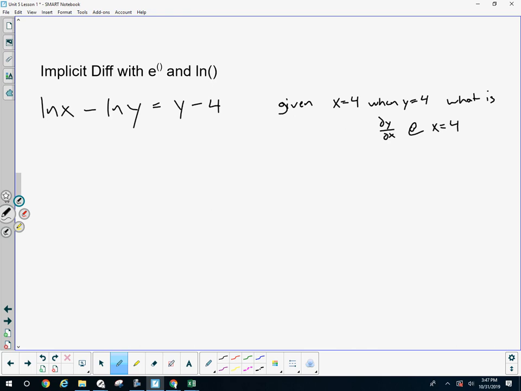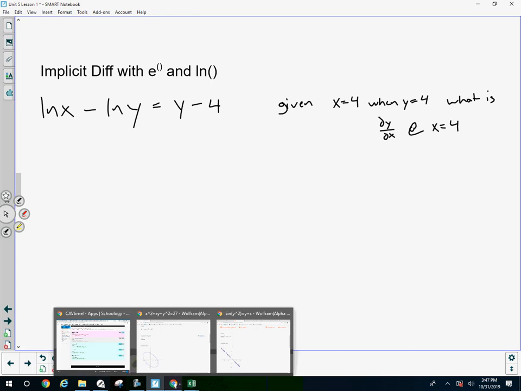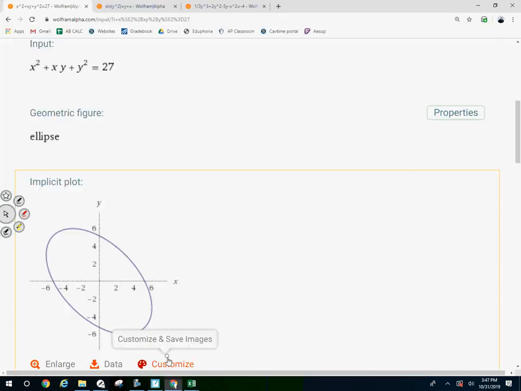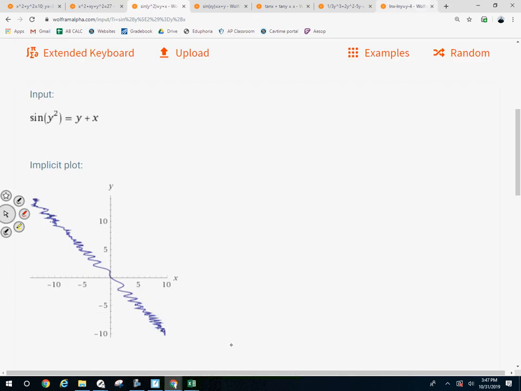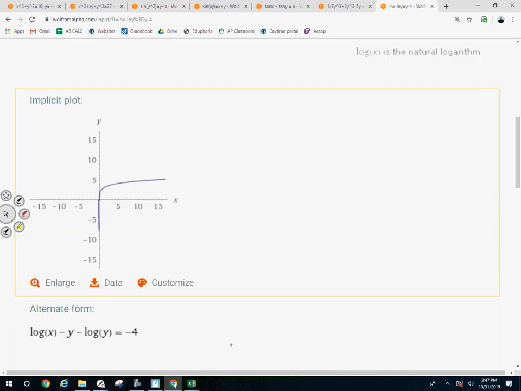Look at that. What else did we do last unit? We talked about logs and e's. Well, we have implicit equations with logs and e's. I think this one's going to look pretty crazy, huh? Log x minus log y actually is lame. I don't even want to look at the graph. But I'm going to anyways. It's that.